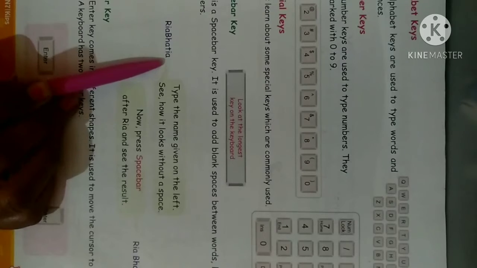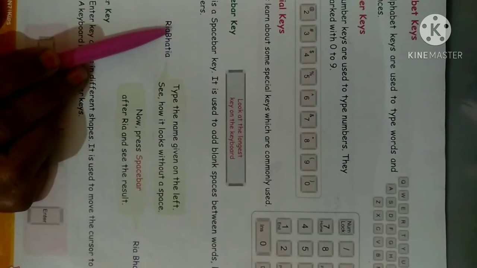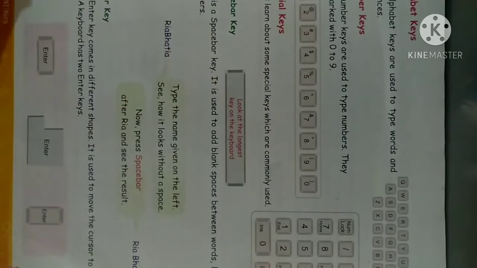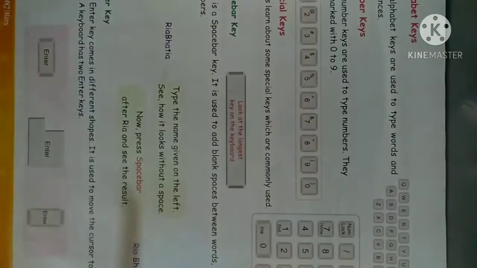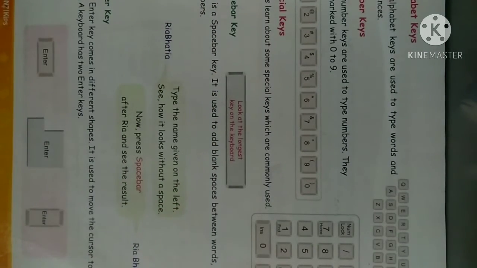See, Rai Bhatia, and we are not giving any space between that. But we need to give space between first name and the last name. Like ma'am is writing Manisha Katal, ma'am is not writing together. Ma'am first writes the name Manisha, then gives space, then writes Katal. So we need space between the words.